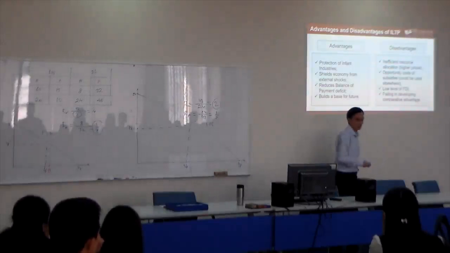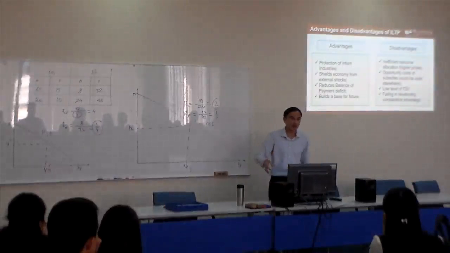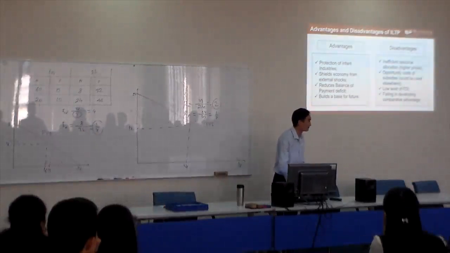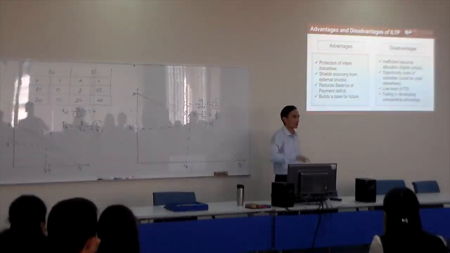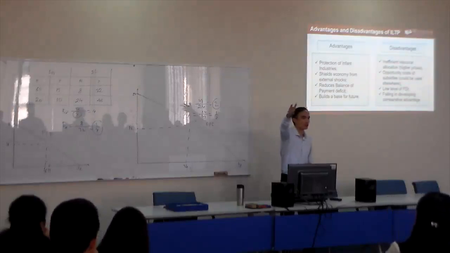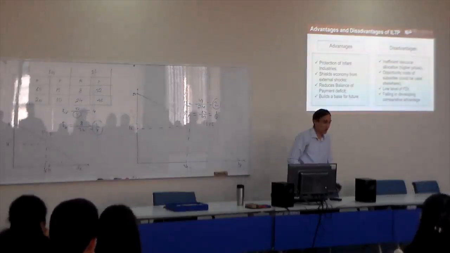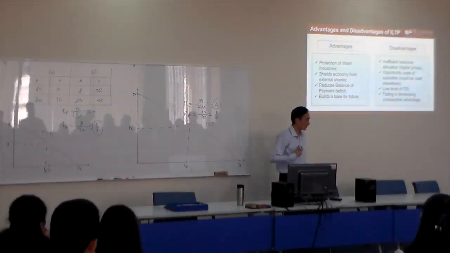Inefficient resource allocation. For example, if the Uzbek government just removed quotas and tariffs for cars, alright? Whether GM wants it or not, they will reduce the price. So if they reduce the price, is it good for us? It's good for us, right?